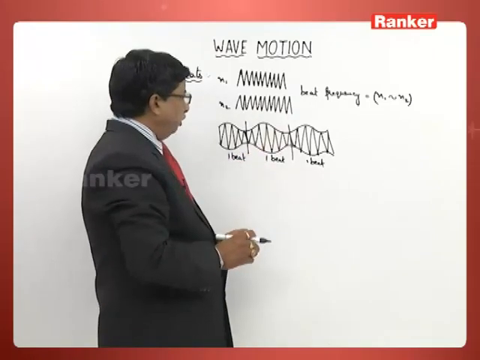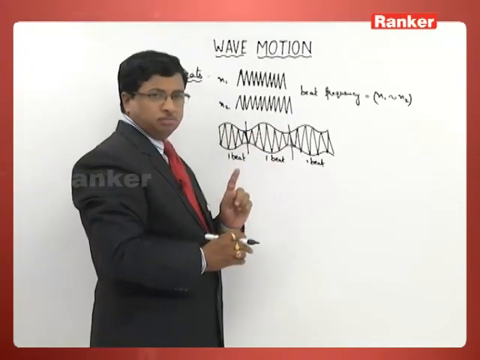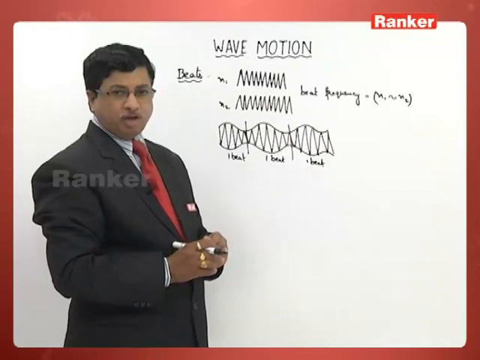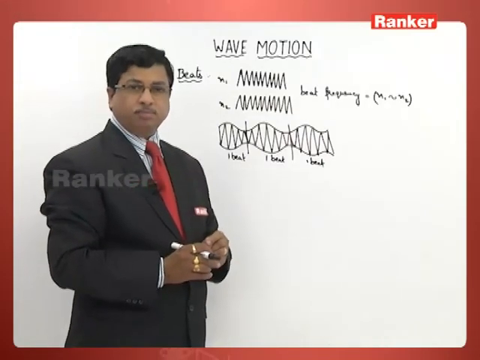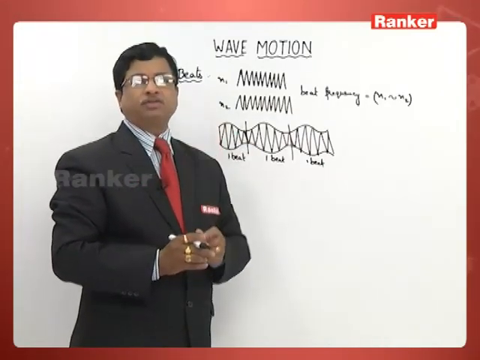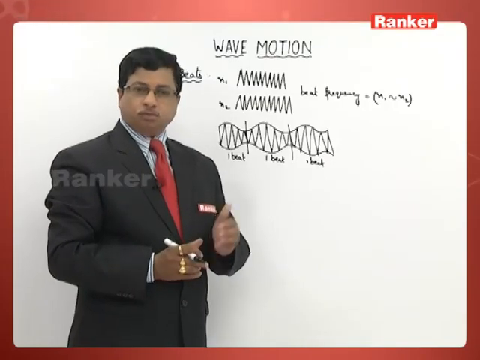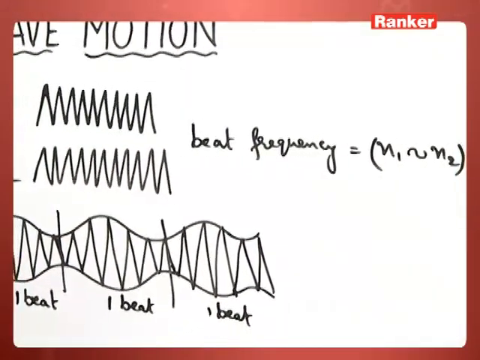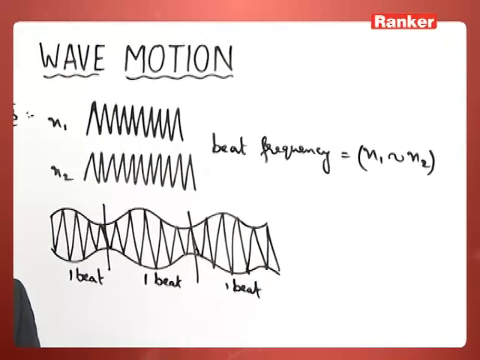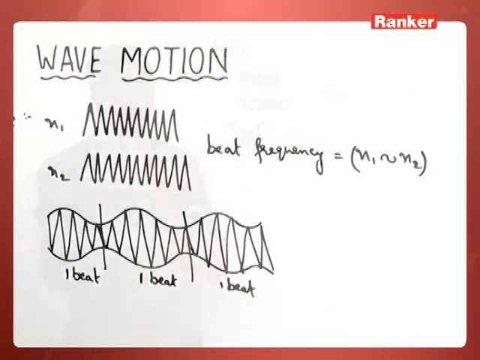The difference between the frequencies only we call the beat frequency. But our hearing capability is up to 10 beats a second, because our persistence time of hearing is around 1/10 of a second.